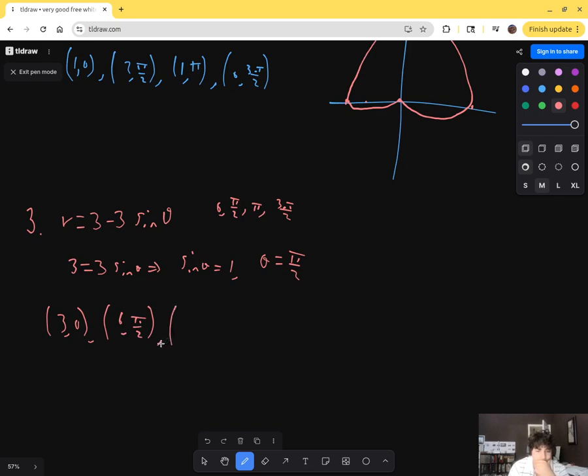And then at pi, sine is 0, so then we have 3 comma pi. And then 3 pi over 2 is negative 1, so we have negative 1 times negative 3 is 3. So that's 6, 3 pi over 2. I did that way too quickly. Let me think about this. Yeah, that's right.